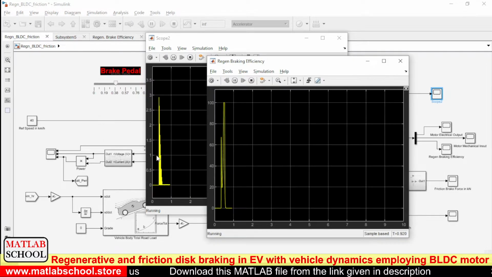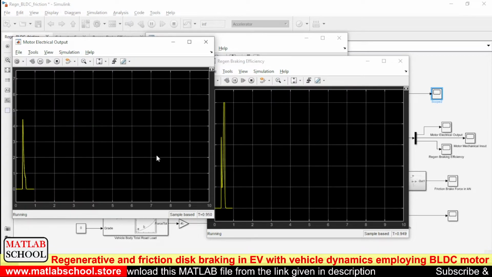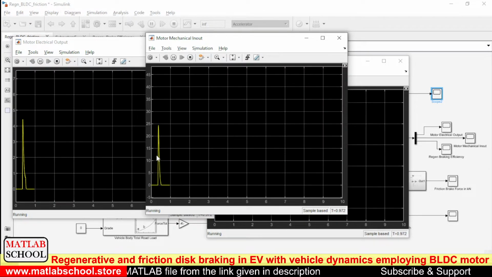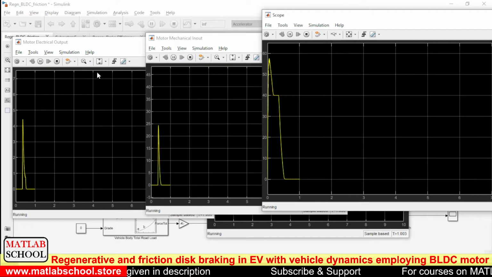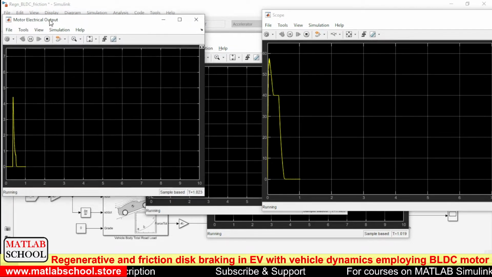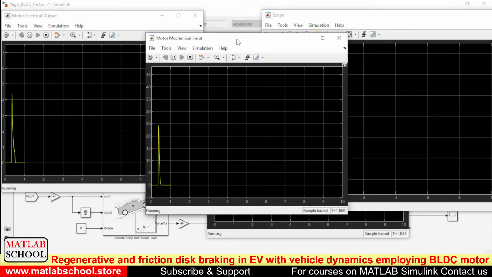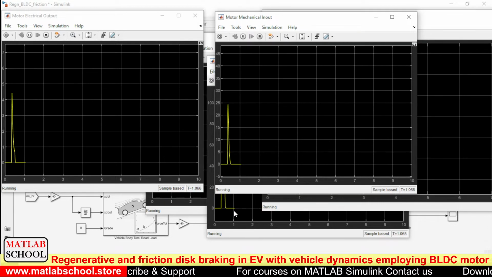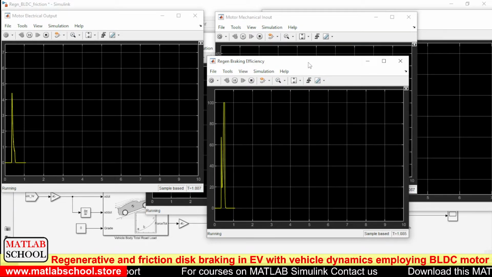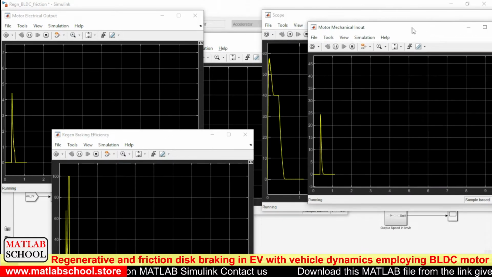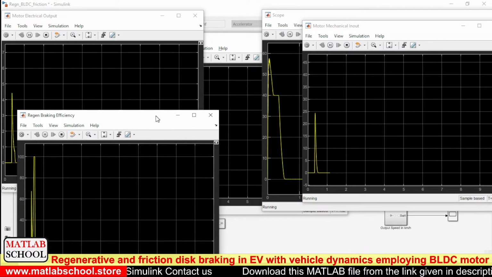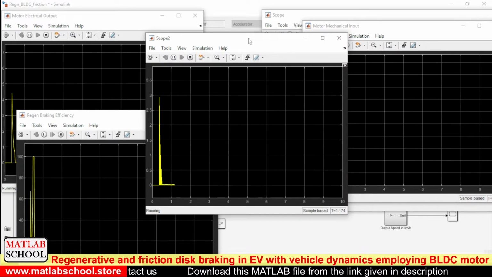So this is the efficiency, motor electrical output, mechanical output, and finally the speed. And this one is the regenerative braking force produced by the vehicle.